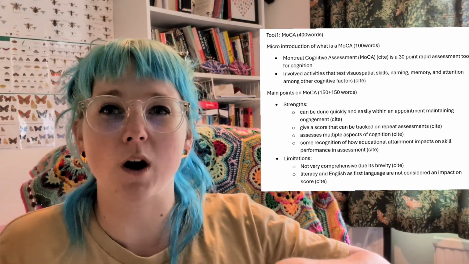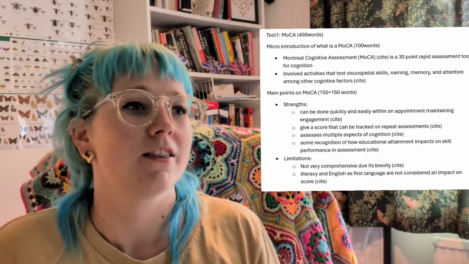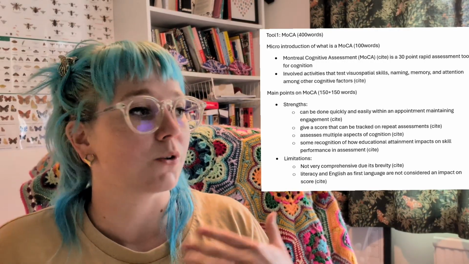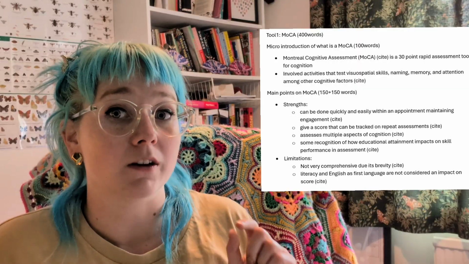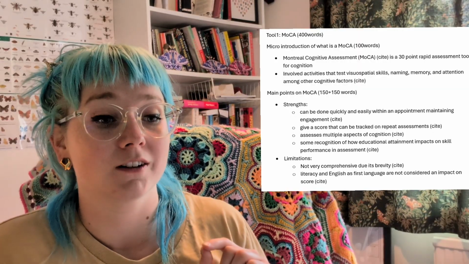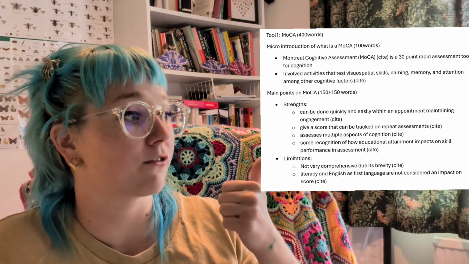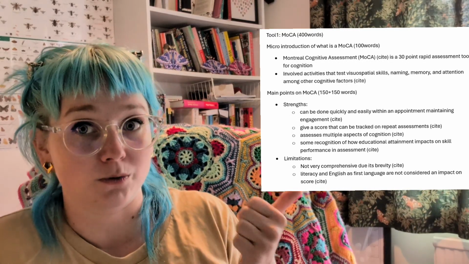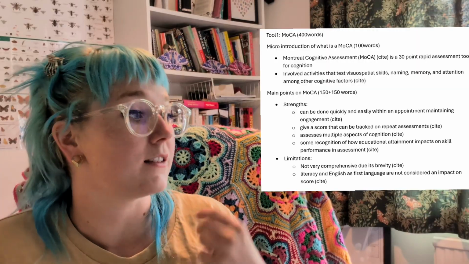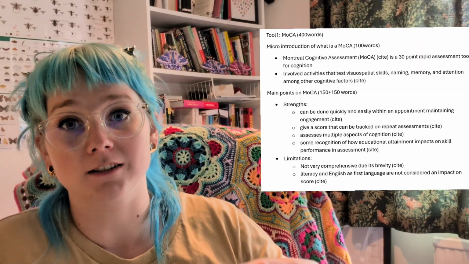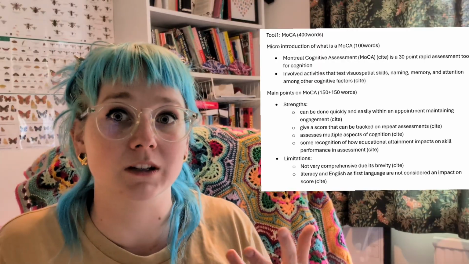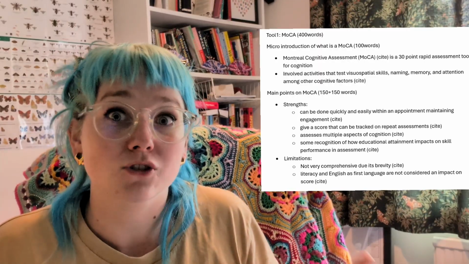Otherwise, we're going to end up with one whole page of text that is overwhelming and difficult to fight your way through. So each of these bullet points, each of my strengths, each of my limitations will get its own paragraph. So a paragraph for it's a quick and easy tool that we can use, and another paragraph. The point is, it gives you a score that can be tracked. Fantastic. What is the evidence of that? I need a citation. How am I going to explain why is that a strength?